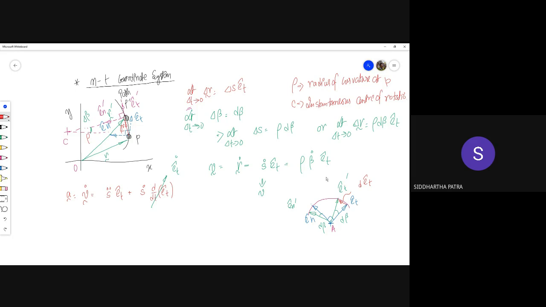Now you see this is a differential quantity. That implies that this delta t is very tiny, and in a situation like that it is actually tangential to this circular arc. Okay, now this might sound a little bit ironic.